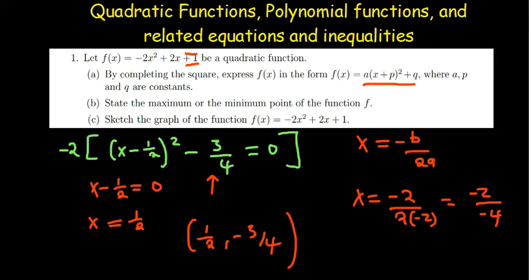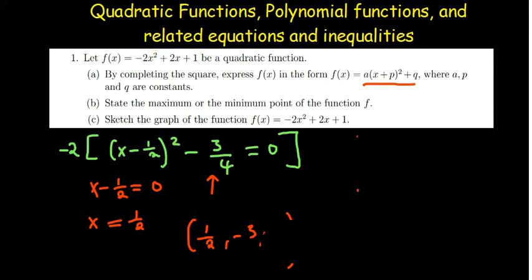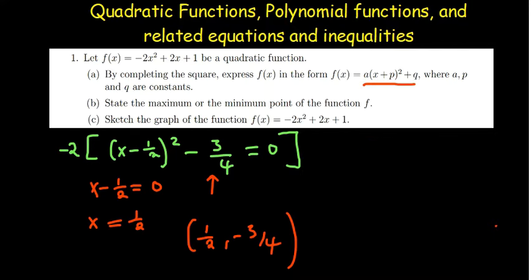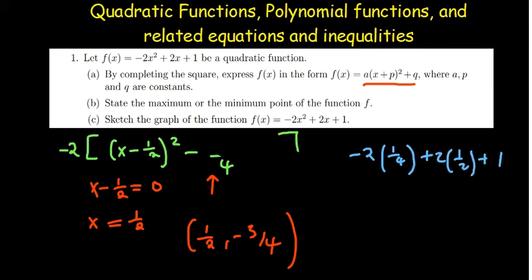Now you can also find the y coordinate by substituting into the entire equation. If you plug into the equation, remember we've got negative 2, where there's x, we put 1 over 2. It will be 1 over 4. Again, the middle part we put half plus 1. The first part we're going to have negative 2 over 4. The middle part we're going to have a 1 and a 1.